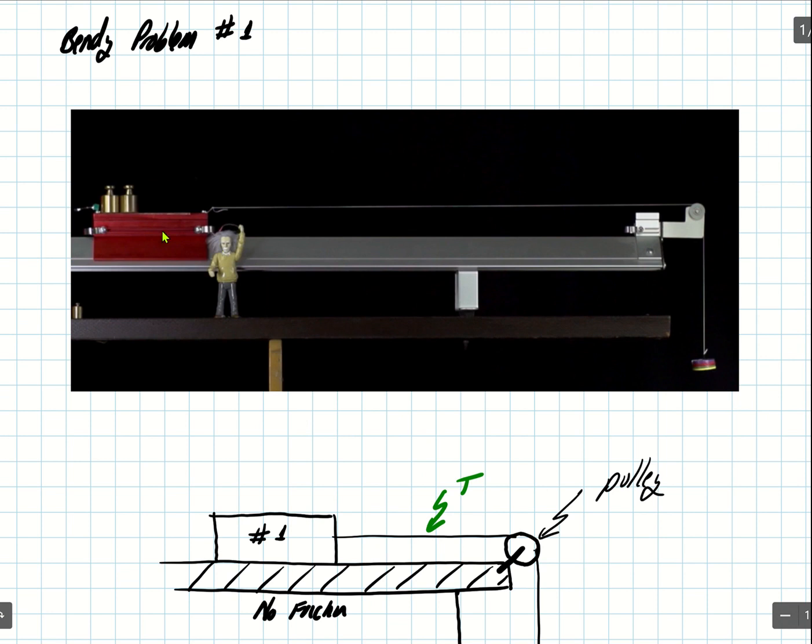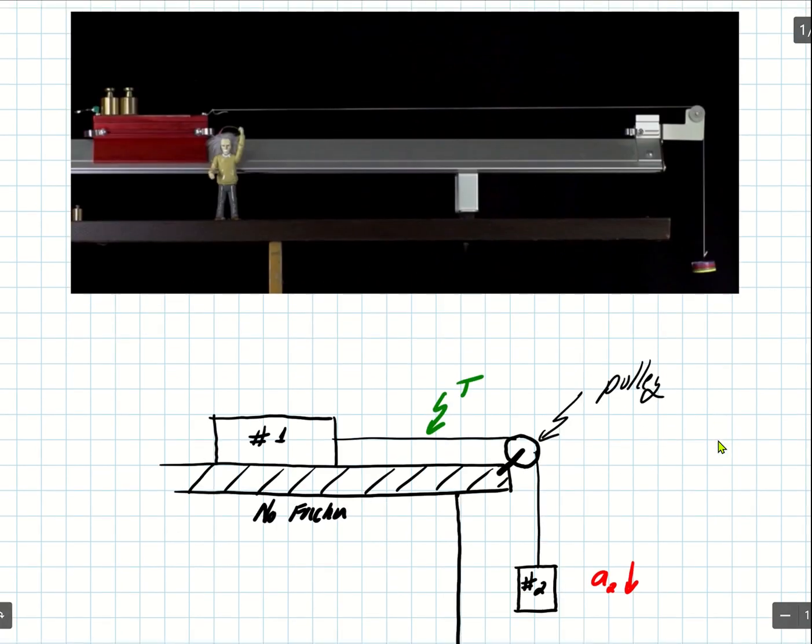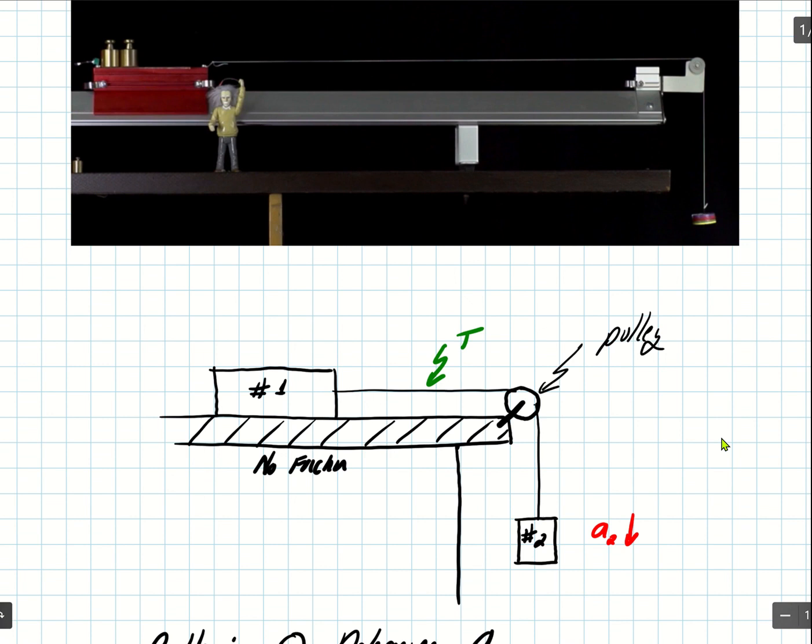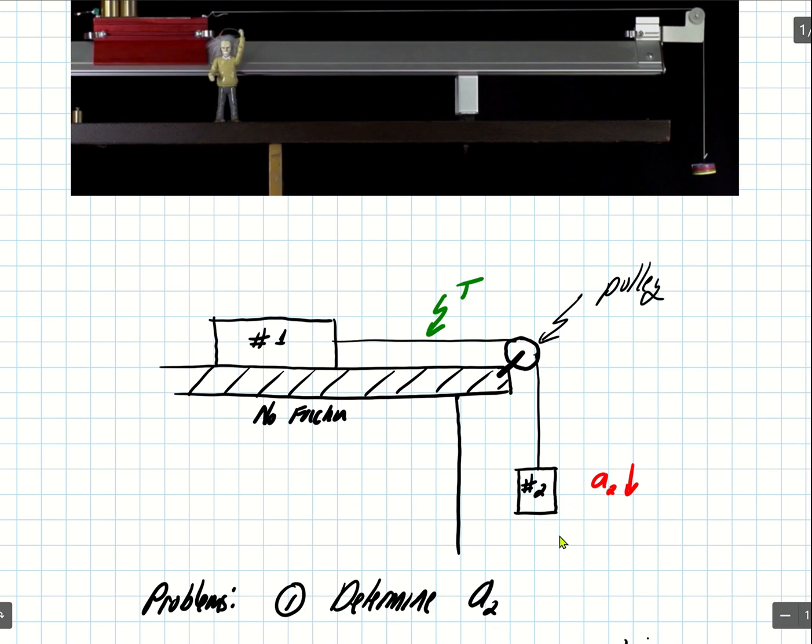If there's no friction under object 1, and there's the slightest tug of gravity on number 2, then gravity is going to pull down on object 2, which will cause object 2 to pull down on the string, which will cause the string to pull on object 1, and this whole thing is going to accelerate. Of course, 1 is going to accelerate sideways, and 2 is going to accelerate downward. So I want to know what acceleration number 2 is in this case.